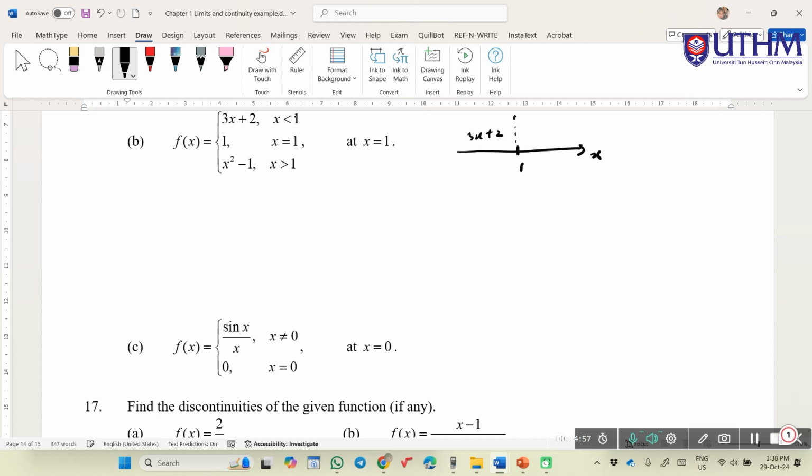For x greater than 1, the function is x squared minus 1. But when x equal 1, the function is 1.